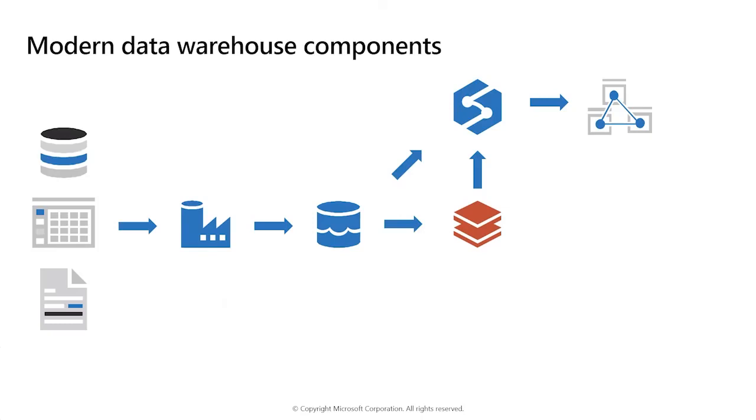So Azure Analysis Services enables you to dig deeper into the data and generate insights from the information it contains. Then Microsoft Power BI can take this information and use it to generate graphs, charts, and reports. And Power BI can also run ad hoc queries against the data processed by Databricks.